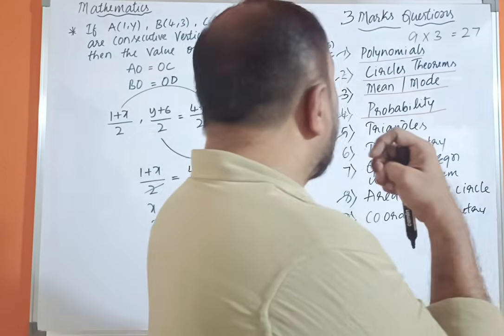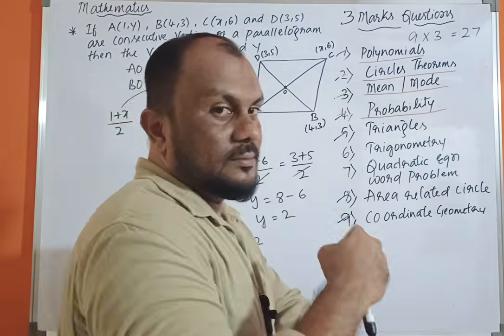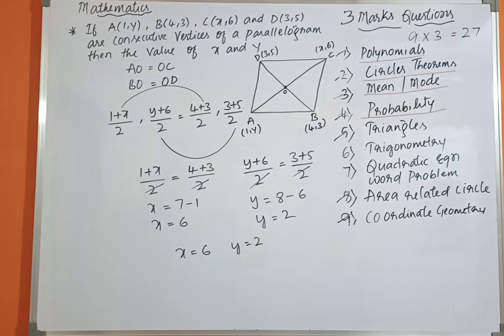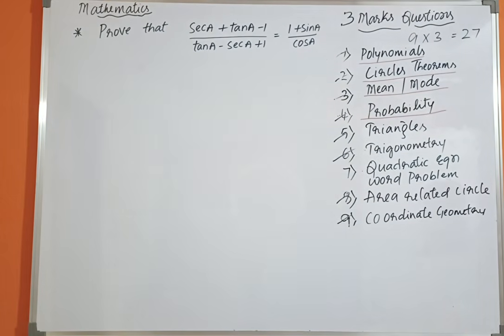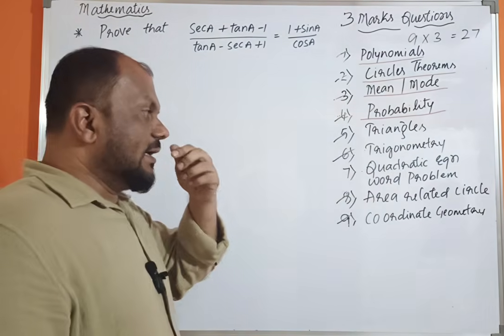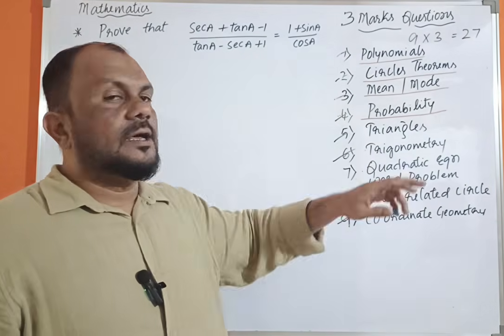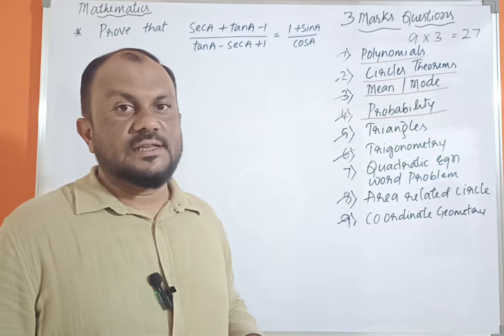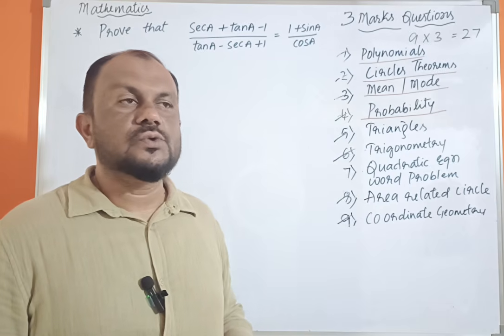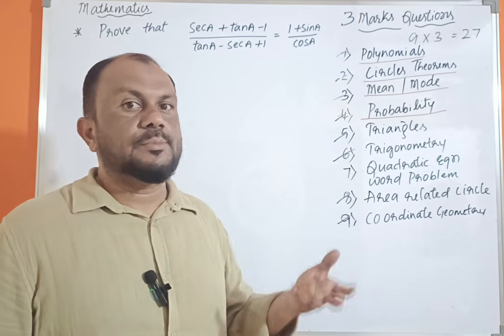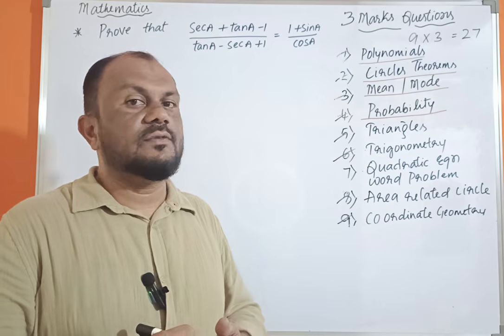Okay. Let us have one trigonometric sum to solve. The trigonometric proving sums will come for the 3 marks. So you have to use the identities, reciprocals and ratios to prove the given sums.